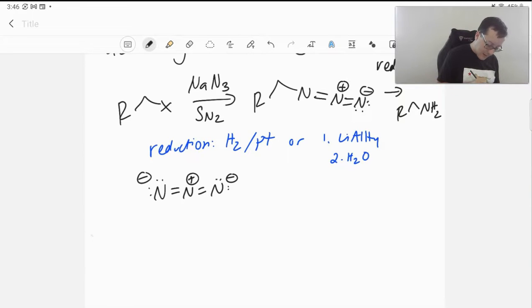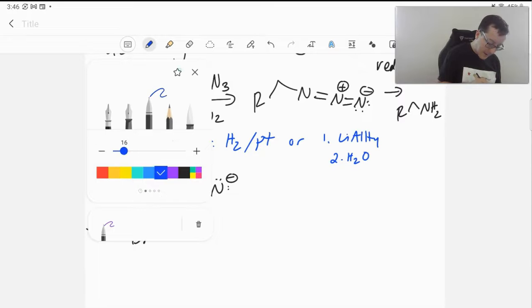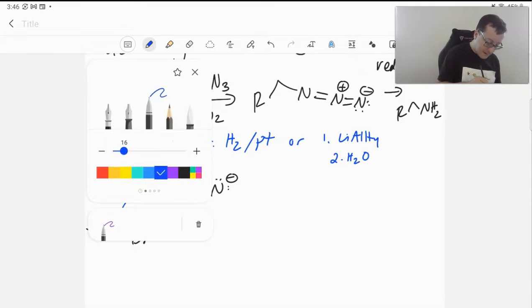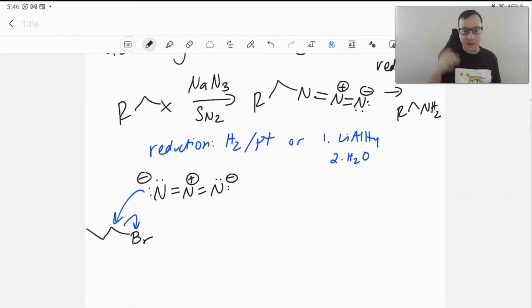It's going to go ahead and find our alkyl halide. Here, let's say we're using 1-propyl bromide. We're going to go ahead and attack it, kicking out the bromine, much like any SN2 reaction would do. We're looking at only primary and secondary substrates.